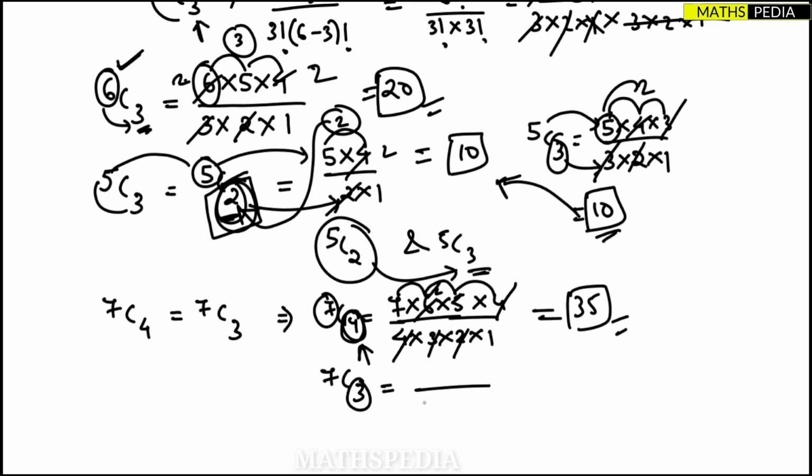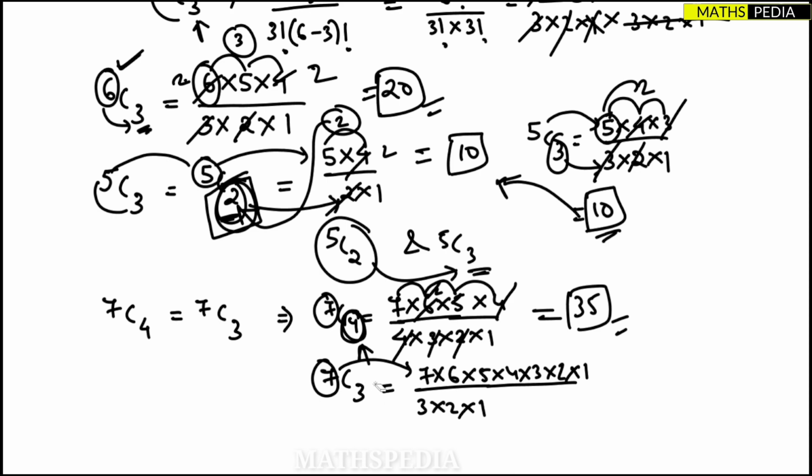3 is there down, so directly you write 3 into 2 into 1, 3 factorial. So 7 is there. First you write 7. Then in decreasing order you just go on multiplying. 7, 6, 5, 4, 3, 2, 1. But no need to write, I am just writing for your understanding purpose. Now you need only 3 numbers, because the down part is indicating 3.